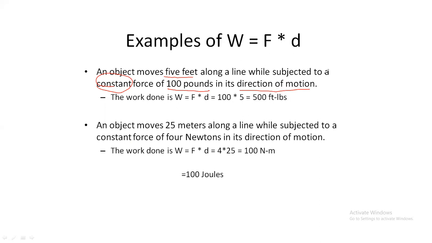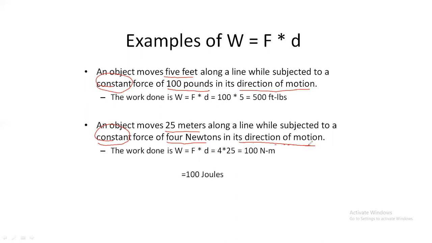Now this is a problem using the English set of units. What about another problem which uses SI units? An object moves 25 meters, this is the displacement, along a line while subjected to a constant force of 4 newtons in the direction of motion again.